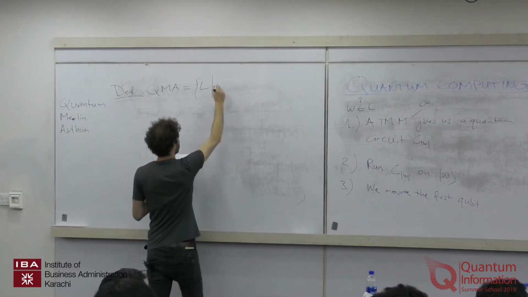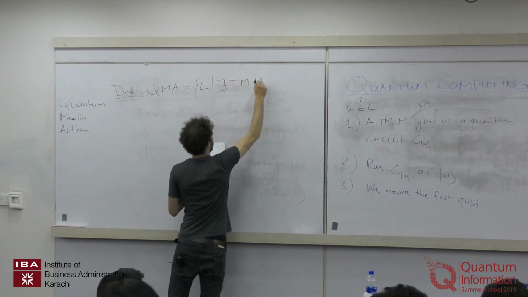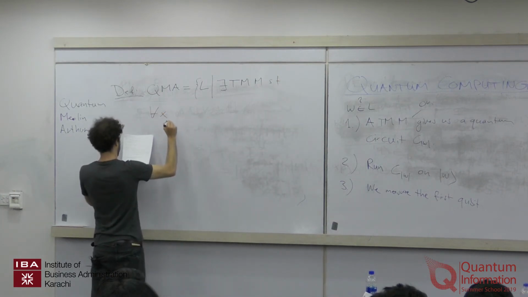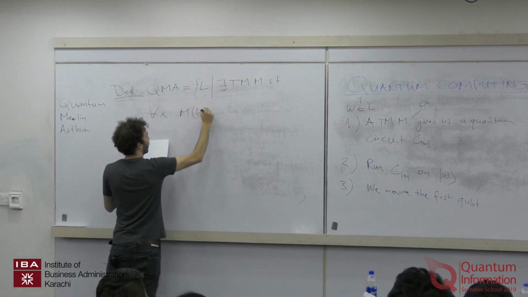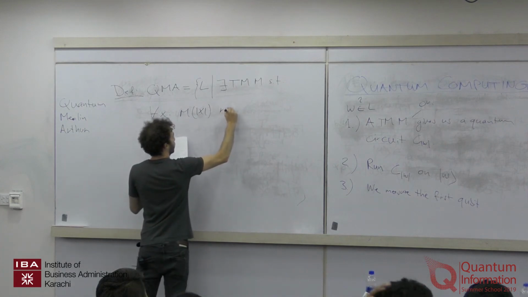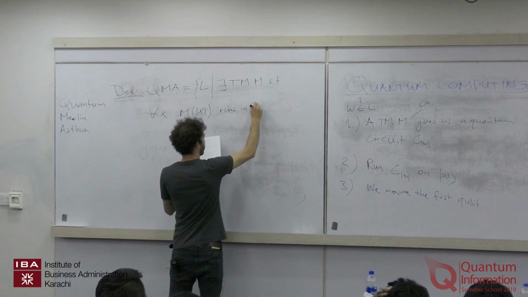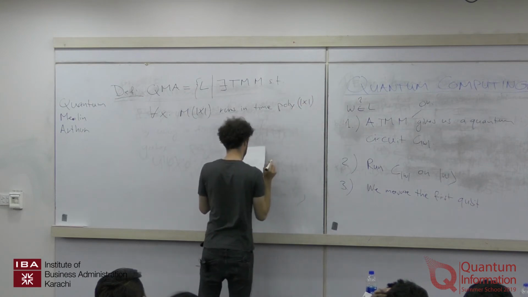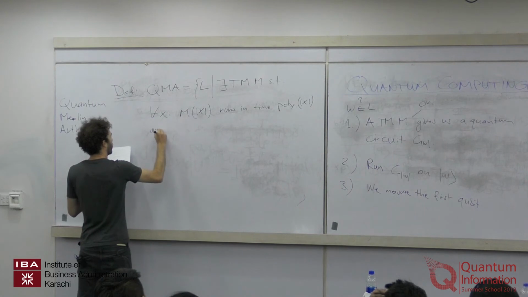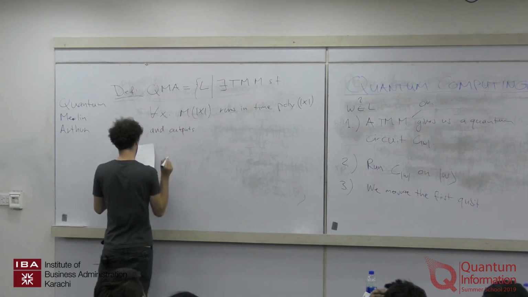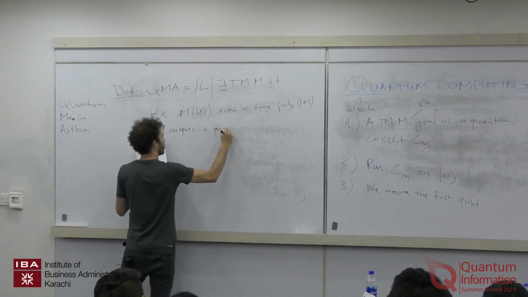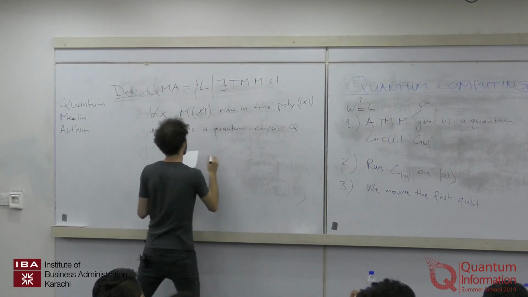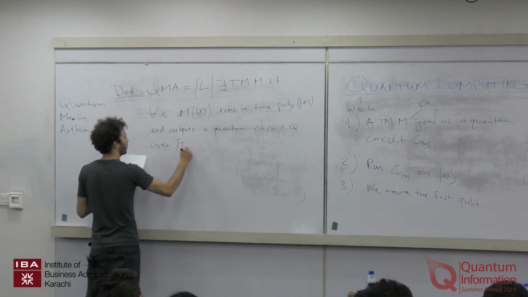So it contains all languages for which there exists a Turing machine M such that for all x, if you give the length of x to this classical Turing machine, it runs in time polynomial in the length of x and outputs a quantum circuit Q, again over the same set of gates, T, H, and CNOT.